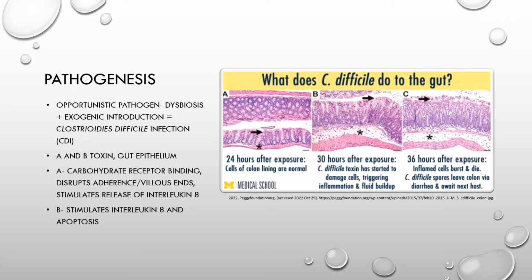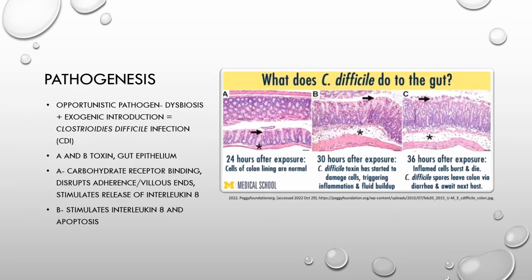So, with C. diff being an opportunistic pathogen, it requires a few conditions in order to actually cause disease in humans. The first condition that needs to be met is a dysbiosis of our gut microbiota. This is normally caused by antibiotic use.